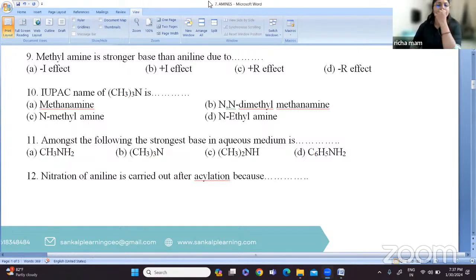Vedvati and Priyanka have answered it as A. When I write the structure, you can see this is CH3NH2, and this is CH3 N CH3, CH3.